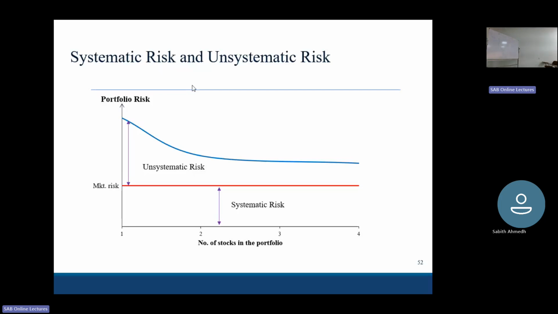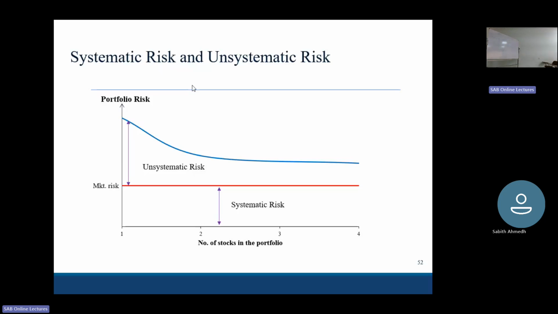When the number of assets in the portfolio is increasing, our portfolio is more diversified. Your total risk is decreasing in line with the number of assets. It is decreasing and decreasing, but it stops at this point.